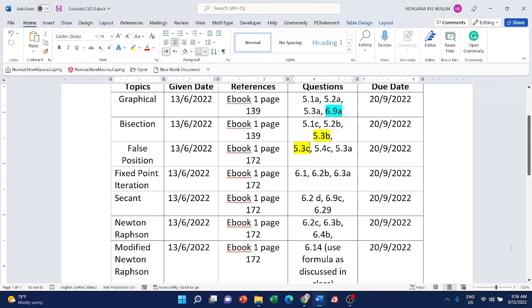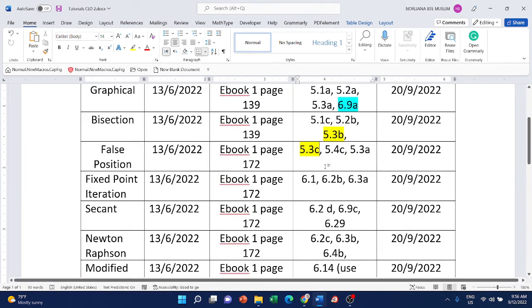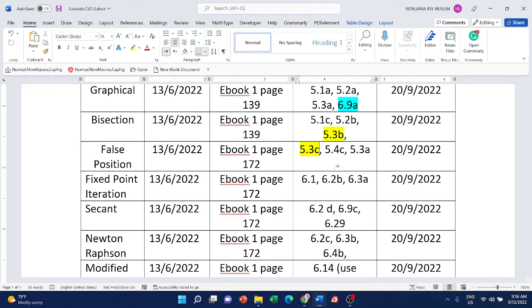For 5.3, use that function to solve using bisection and then false position. Okay, madam. Make sure you complete it, and if you have any questions, you can ask in the WhatsApp group. But I want the solutions ready by 11 o'clock. So we'll meet again at 11.